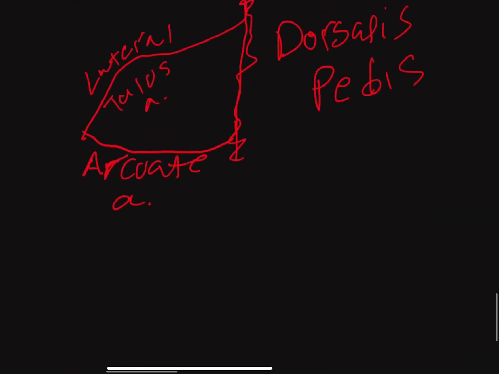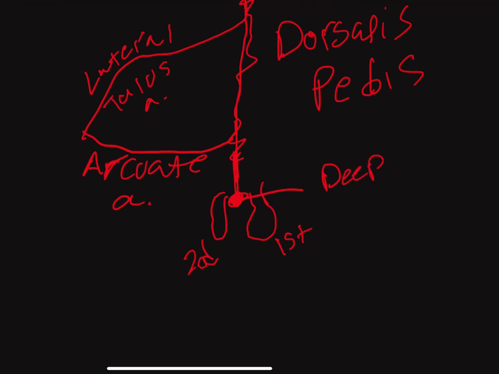So this dorsalis pedis, like I was saying before, runs along that first metatarsal, and then it's going to go in between the big toe and the second digit. So it's going to be your first digit and your second digit, right? It's going to pass in between there, and it's going to go to the plantar surface, right? And this is going to be your, I want to say your deep, let me make sure I got that right.